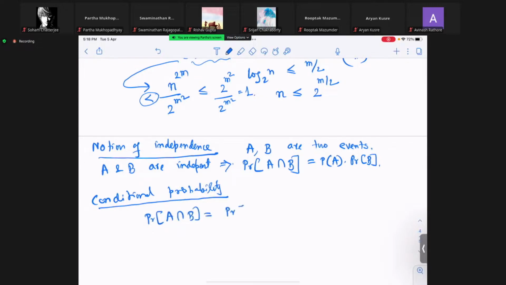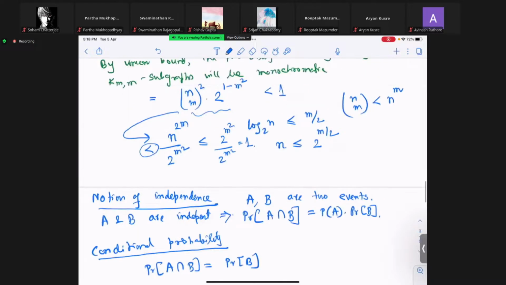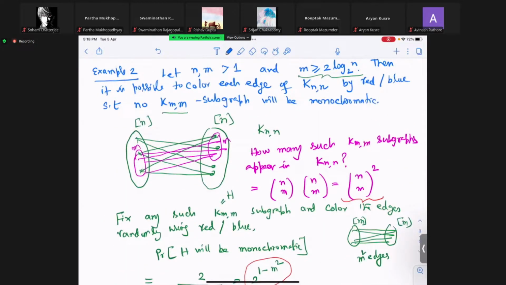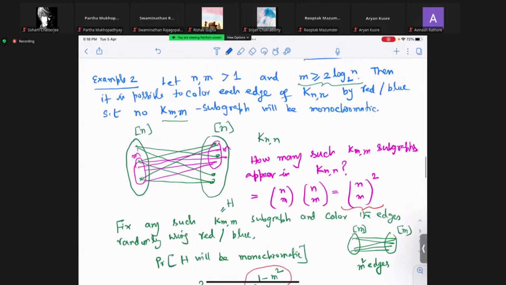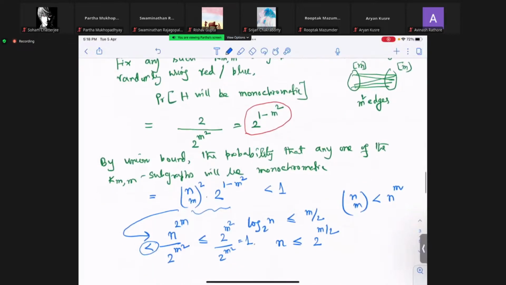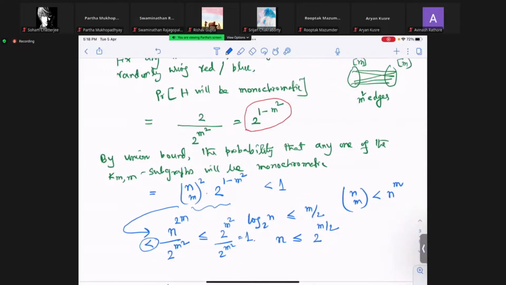Can you go back to the last page for a second? You mean the probabilistic method? Yes, sir. You wrote n choose m squared into 2 to the power 1 minus m squared, right? That's right.